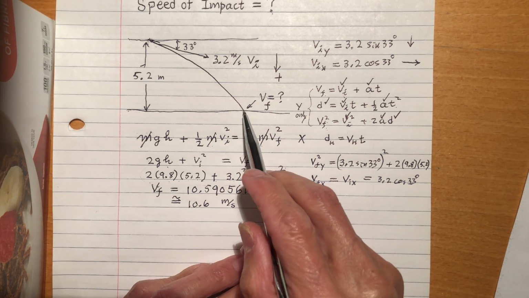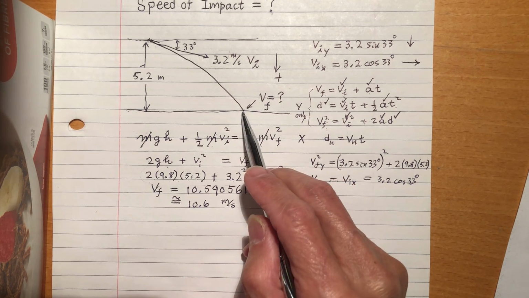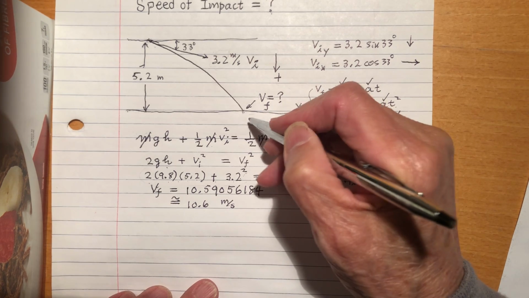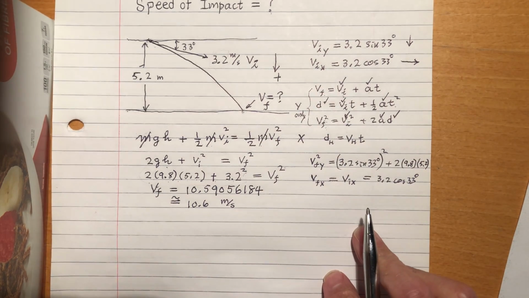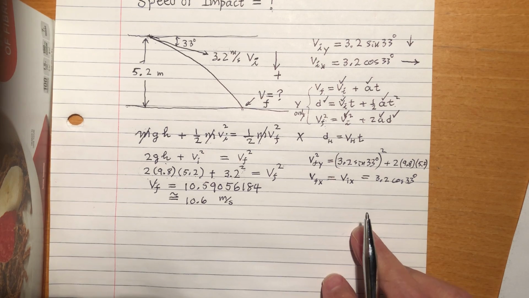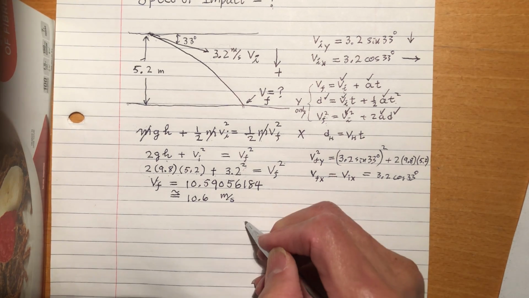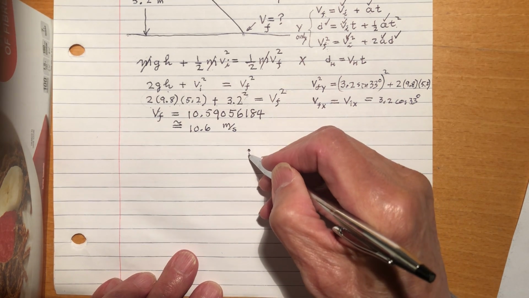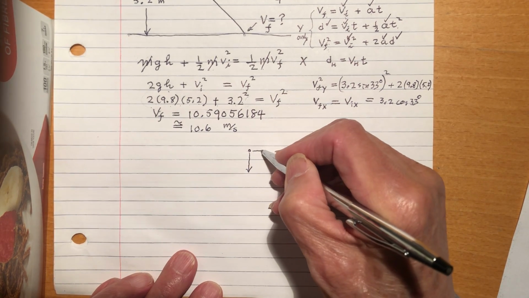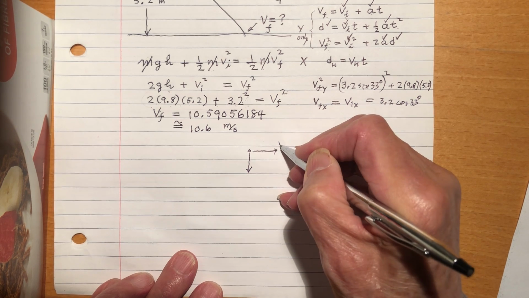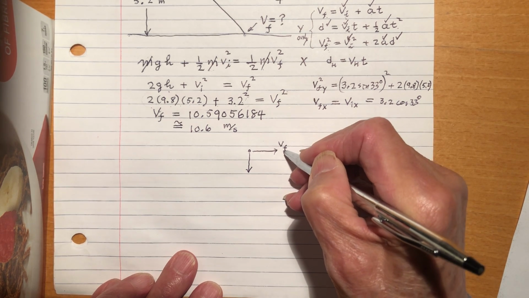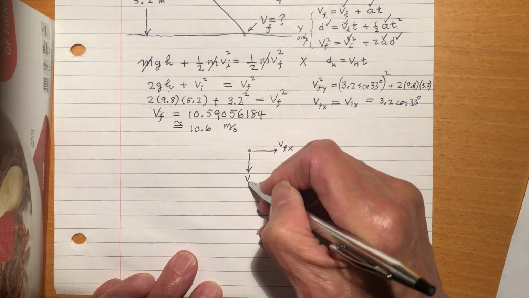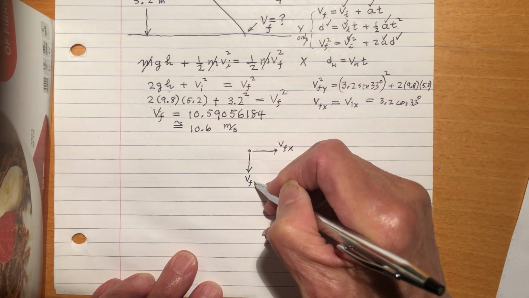Well, what is the V final magnitude? Look, at the final position, I have a vertical component and a horizontal component. So let's say this is the final position. I use this label, final velocity x, and this is final velocity y.